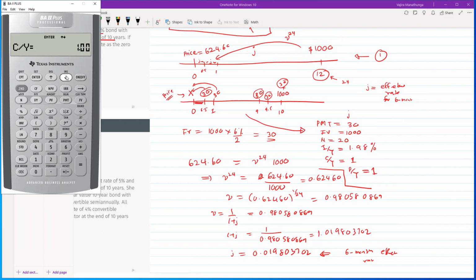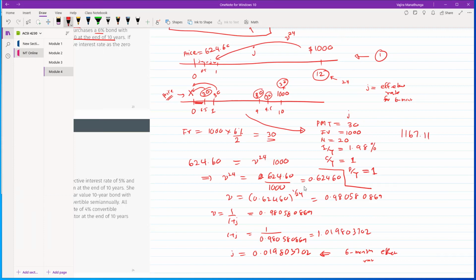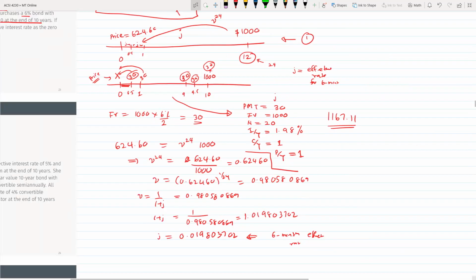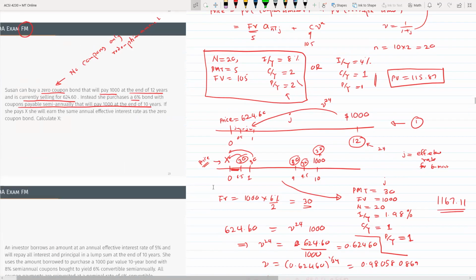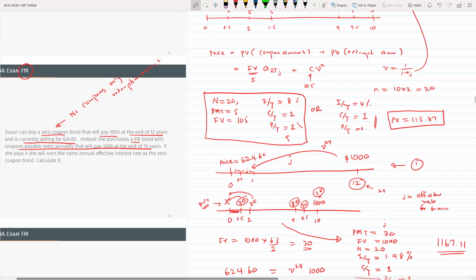Then this one should be 1 and 1. And then I'll compute the present value. So it's 1167.01. So that's the price of the bond, if you use the same rate.